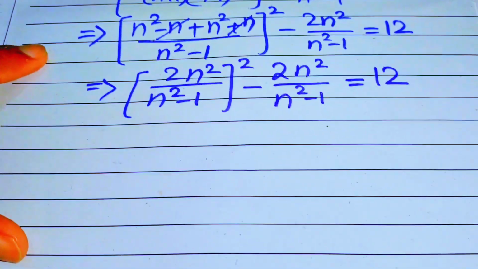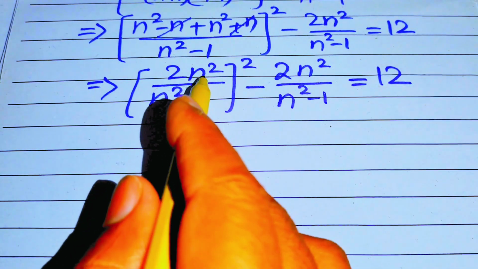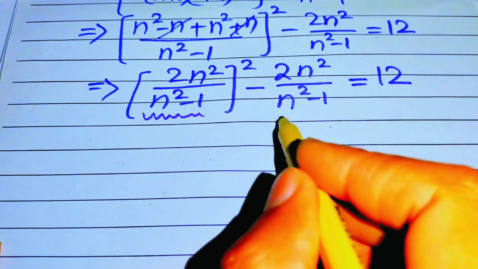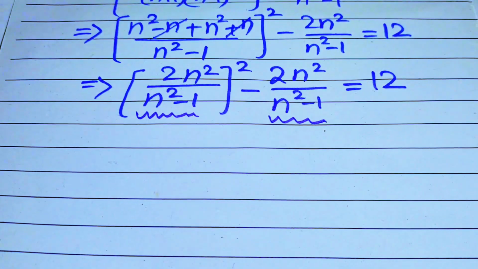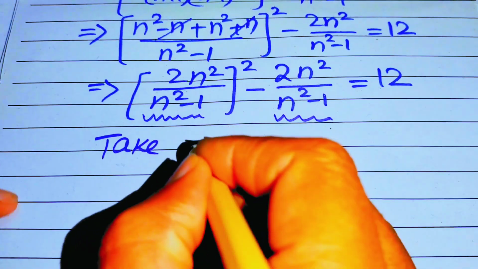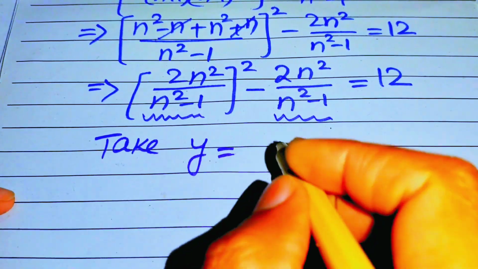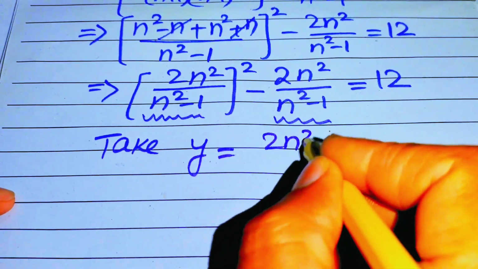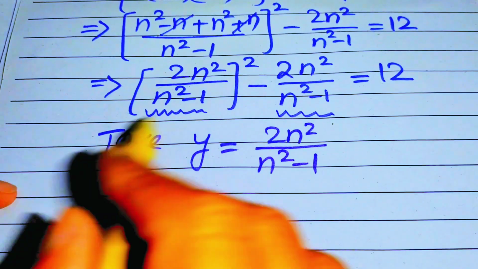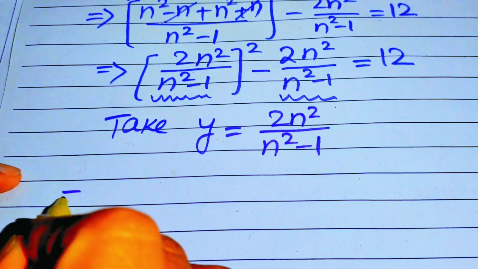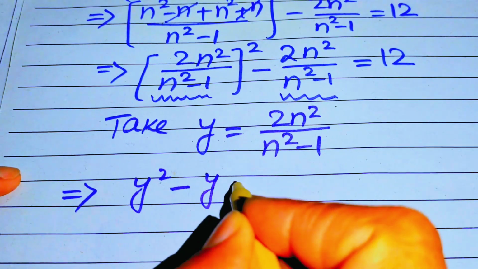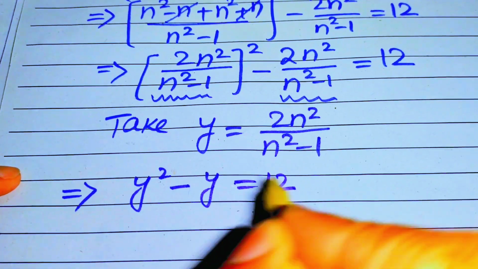And now you see that we have 2 n square over n square minus 1 as the common term, which lies here and here. And now we take this term equal to y. So if we take y equals 2 times n square divided by n square minus 1, this expression becomes y square minus y equals 12.